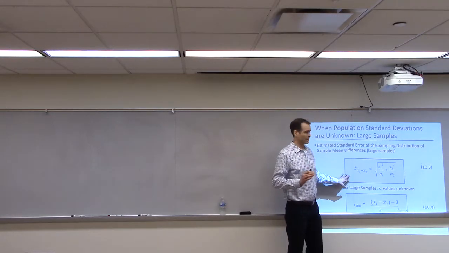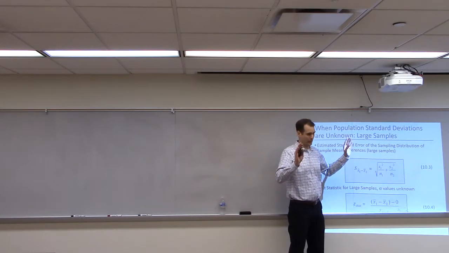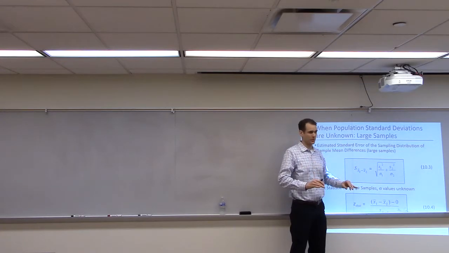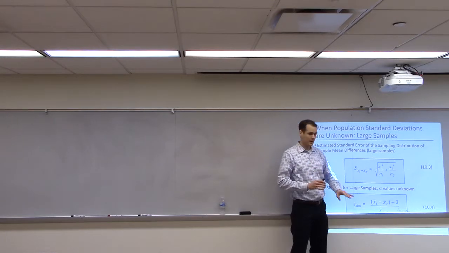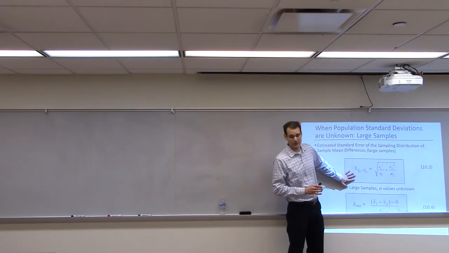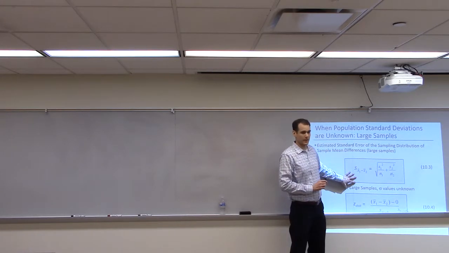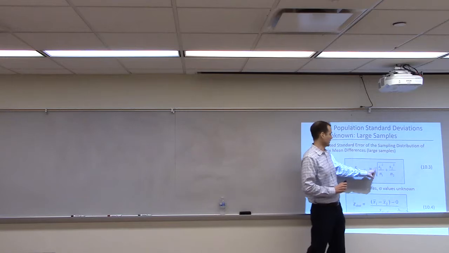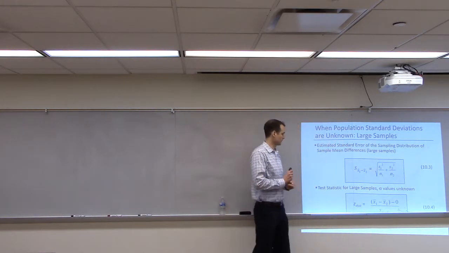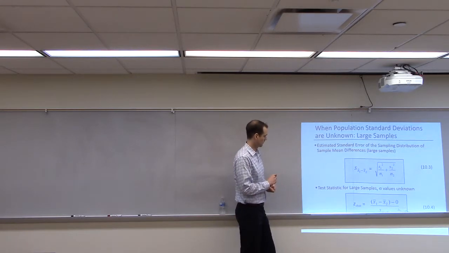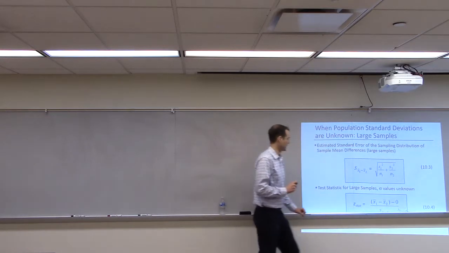But if you remember, when we get to mean differences, statisticians say, don't worry about it, just use the z-distribution, because there are so many moving parts, they're going to balance out. So for mean differences, as long as you have samples of size 30 in both populations, feel free to use the z-distribution. And you'll substitute in whatever the sample standard deviation is if that's all you have, and calculate your z-stat with that.